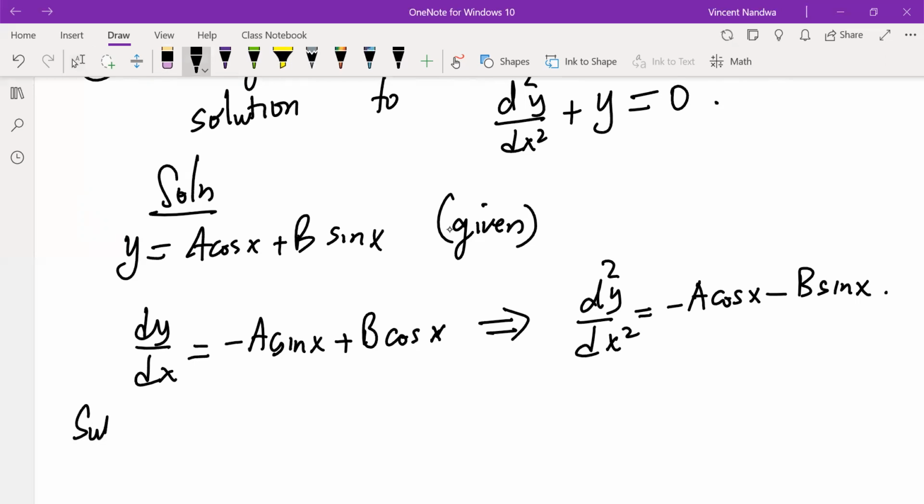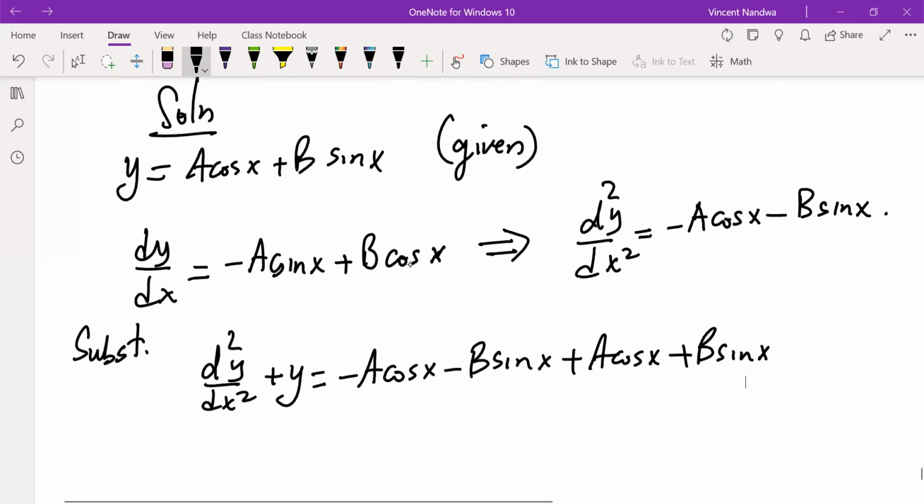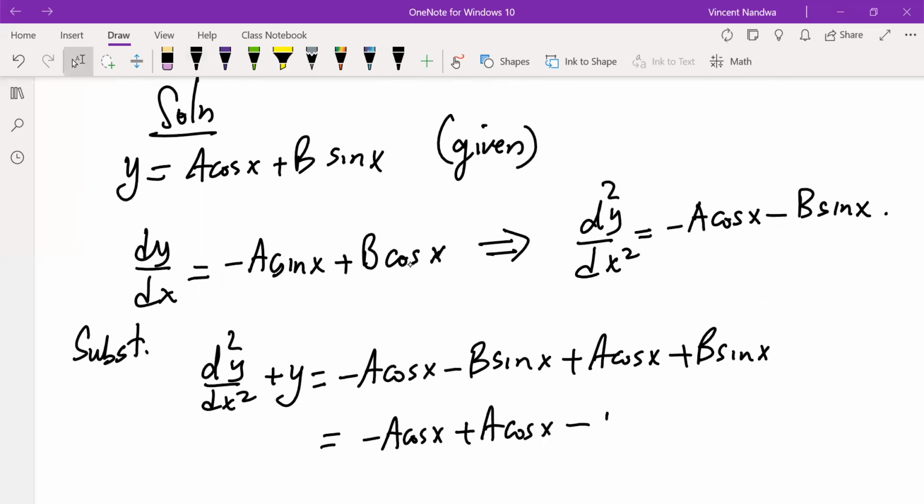Now substituting, we have d squared y/dx squared plus y equals negative a cos x minus b sin x plus a cos x plus b sin x, which is negative a cos x plus a cos x minus b sin x plus b sin x.